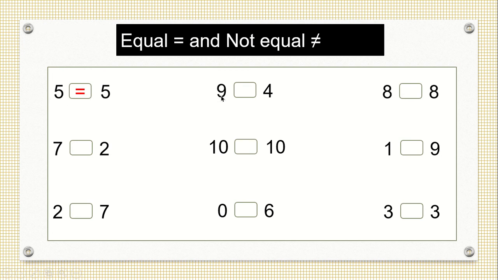What about this? 9 is not equal to 4. What about this? 8 is equal to 8. So here we have not equal, equal, not equal, not equal, not equal, and equal. 3 is equal to 3. Okay?